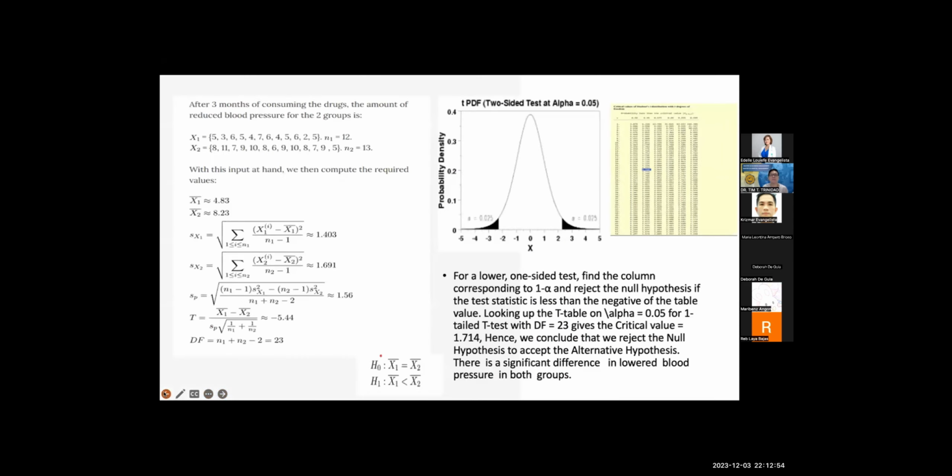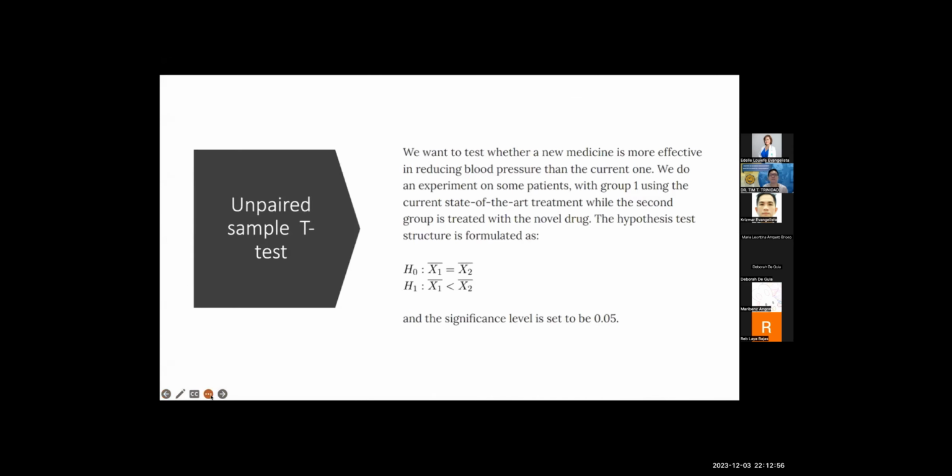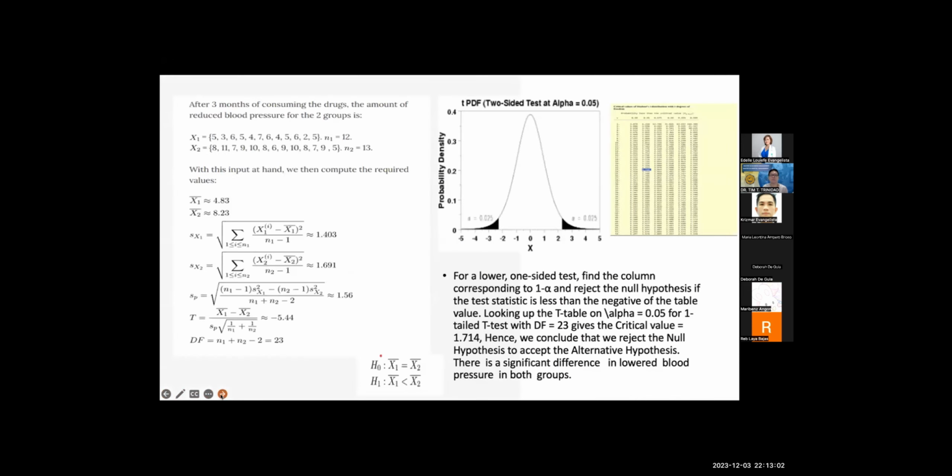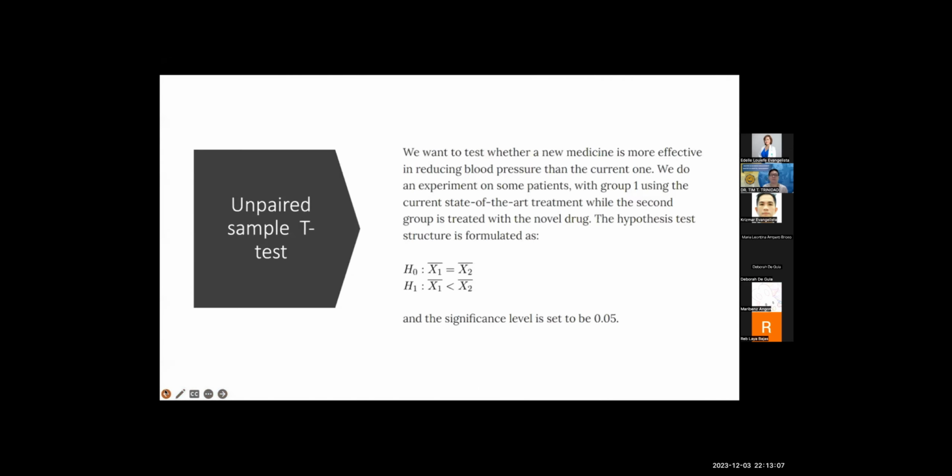If we are assured that they are normally distributed, then we proceed with forming the hypotheses. The null hypothesis is that there is no difference between the two groups of patients taking the innovator drug and the new drug. The alternative hypothesis is that there is a significant difference between the two groups taking the innovator drug and the new drug in the market with regard to the effect on their blood pressures.